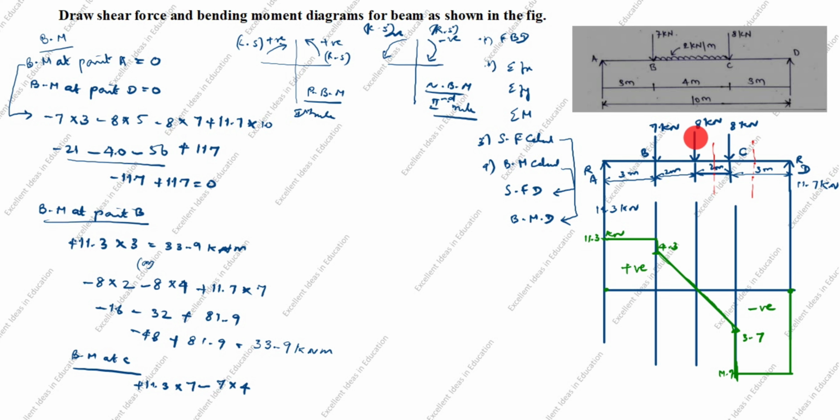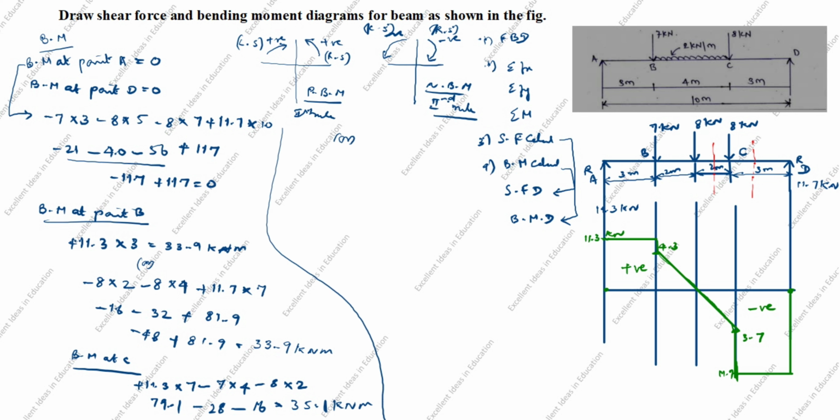Next, take this point load from here to here. This is also negative. Perpendicular distance is 2. -8 into 2. 11.3 into 7 is 79.1 minus 7 fours are 28 minus 8 twos are 16 equal to 35.1 kilonewton meter.